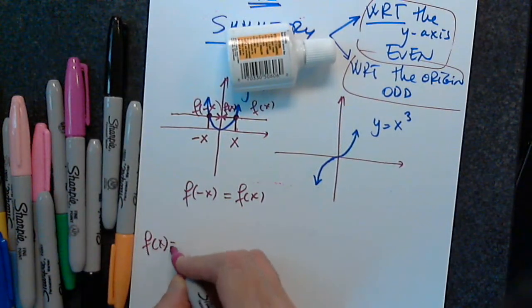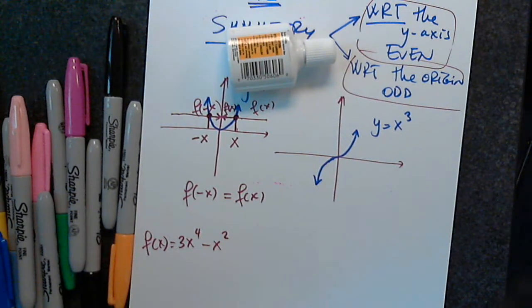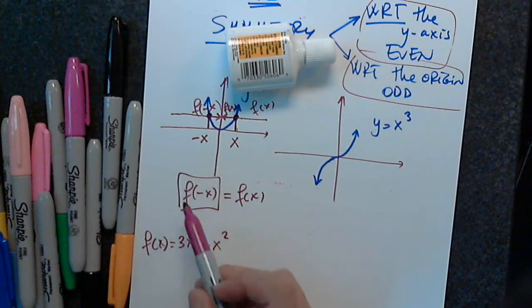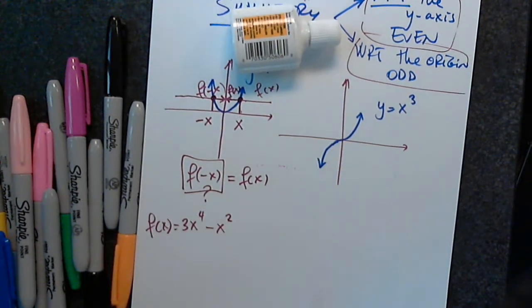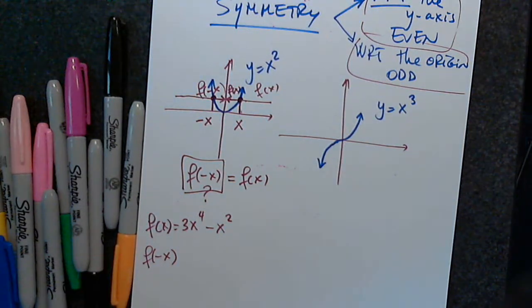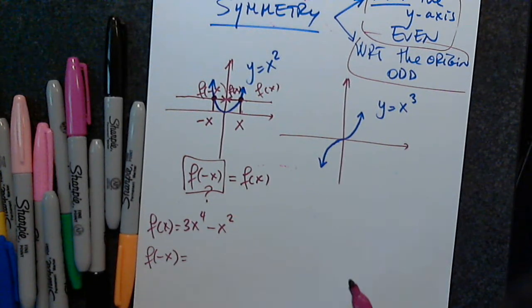So here is a simple example. Let's say f of x equals 3x to the fourth minus x squared. In order to show that this function is or is not symmetric, I have to find this quantity. When I want to find f of negative x, can anyone dictate what to write? We know how to evaluate the function for anything, including negative x.